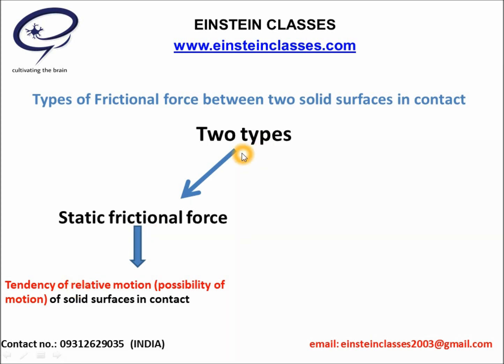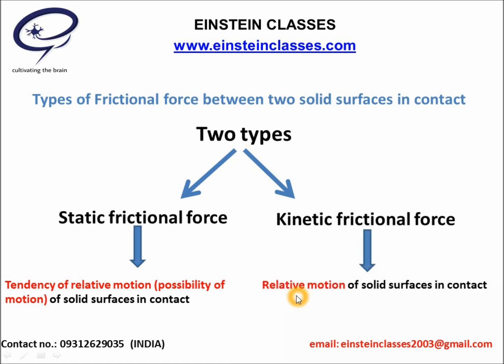Another type is known as kinetic friction force, and this kinetic friction force will arise due to the relative motion of the block on the table, or due to the relative motion of solid surfaces in contact, right?